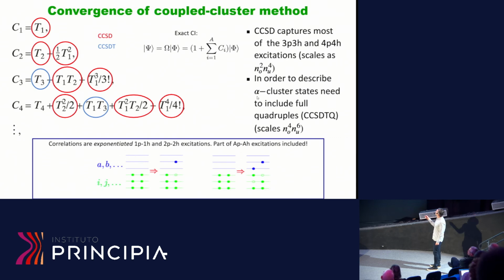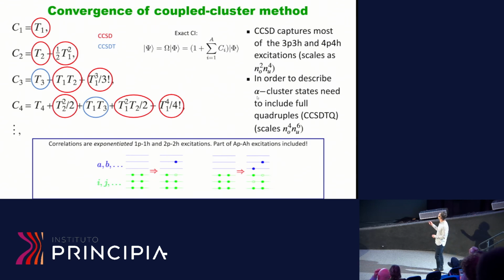So in the context of this conference series, you might ask if you want to describe something like an alpha cluster in nuclei, which is a very collective kind of motion. We really would need to include up to full quadruples in this theory, which would also mean including what we call T4 excitations. This is very costly numerically.